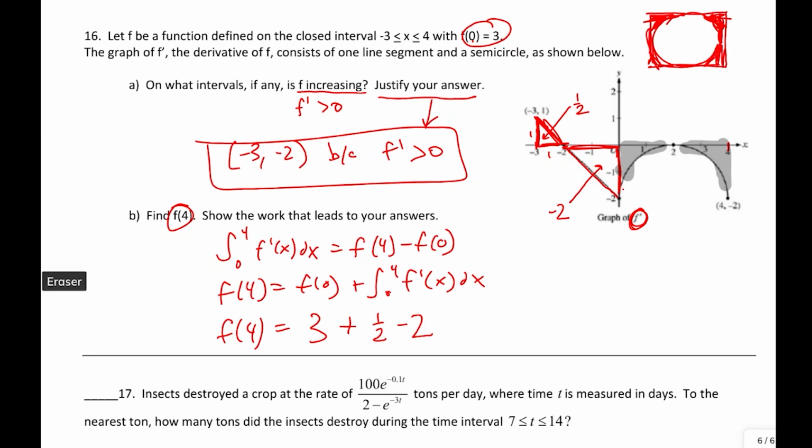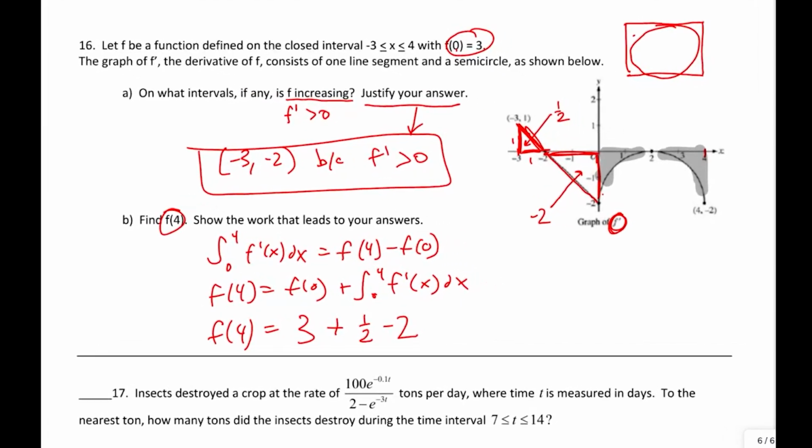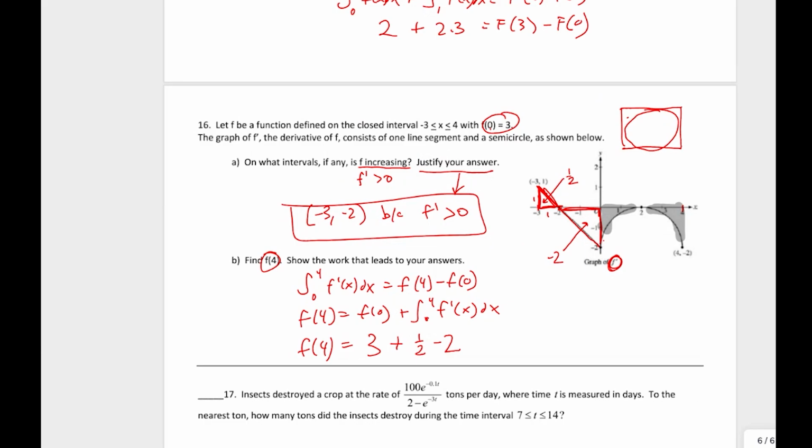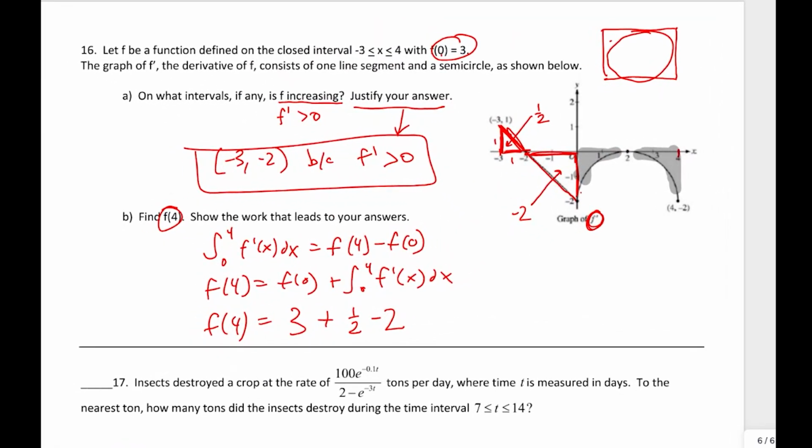When you're trying to find the area of the square that's not being covered up by the circle, we could find the area of the bigger shape and then subtract away the hole, what you're cutting away.